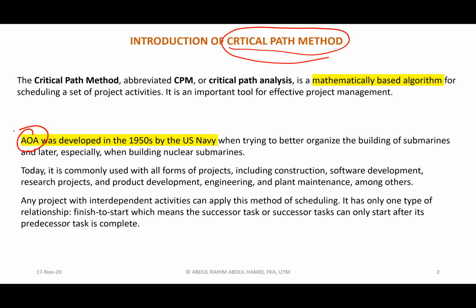AOA diagram was developed way back in the 1950s by the US Navy. You can read the history of those things; I'm not going to go into the detail. AOA diagram basically uses arrows and nodes to indicate the activities. So the use of arrow is very important because the arrow itself indicates an activity.